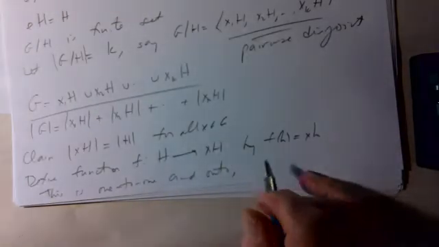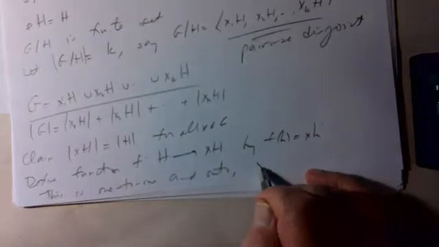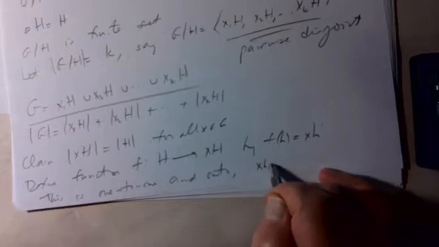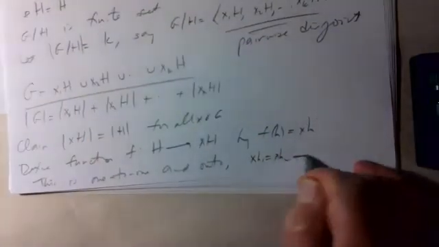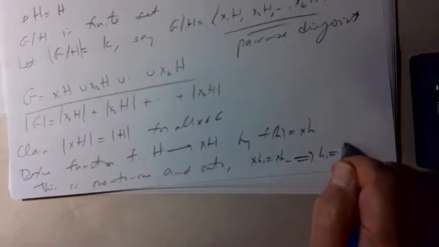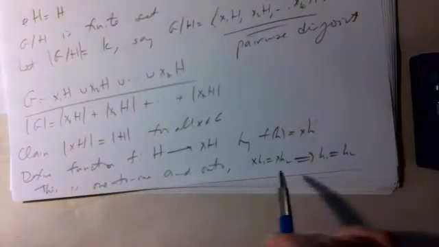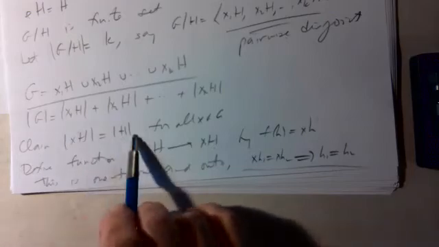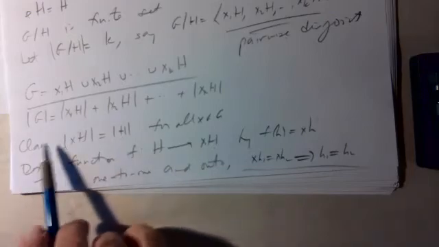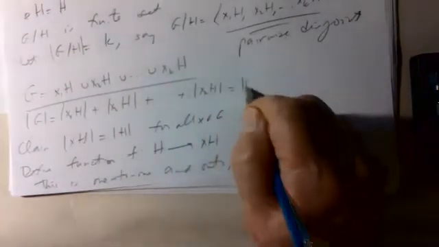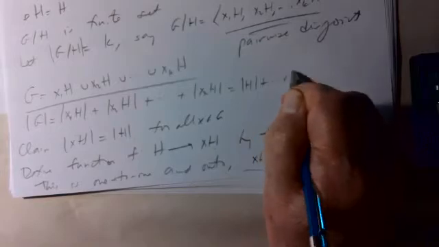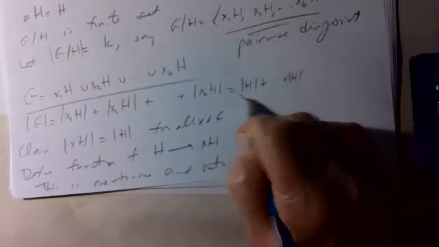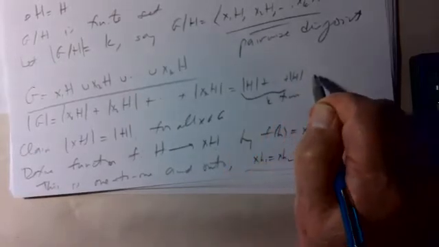And it's one-to-one because if xh1 equals xh2, you divide by x and you get h1 equals h2. So they all have the same number of elements. So this is just equal to the size of H plus the size of H, k times.